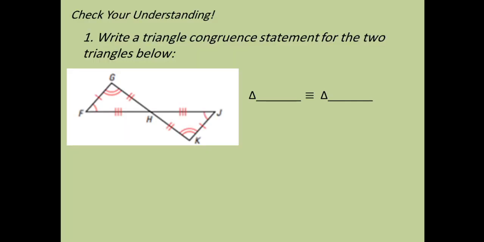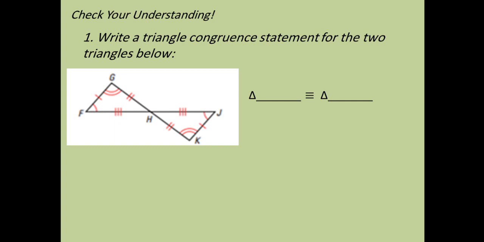Check your understanding again. Write a triangle congruence statement for the two triangles below. We have two triangles, FGH and the second one JKH, and you must write this in its order. F corresponds to J, because we have the same sign on this angle.